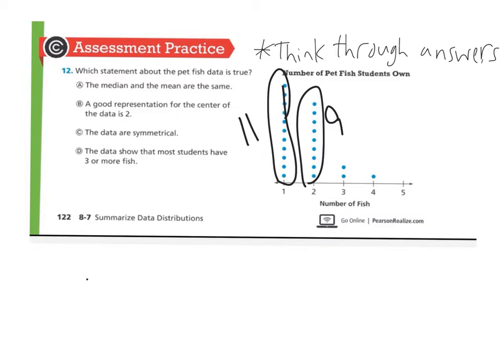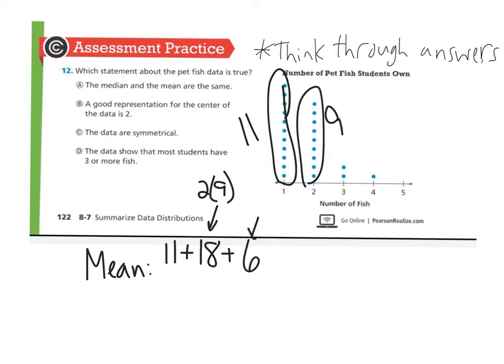So if we're going to find the mean, 11 ones would be 11. 9 2s would be 18, we do 2 times 9. 2 3s would be 6, and a 4. And 11 plus 9 is 20, 21, 22, 23. We have 23 dots, so 23 numbers altogether.